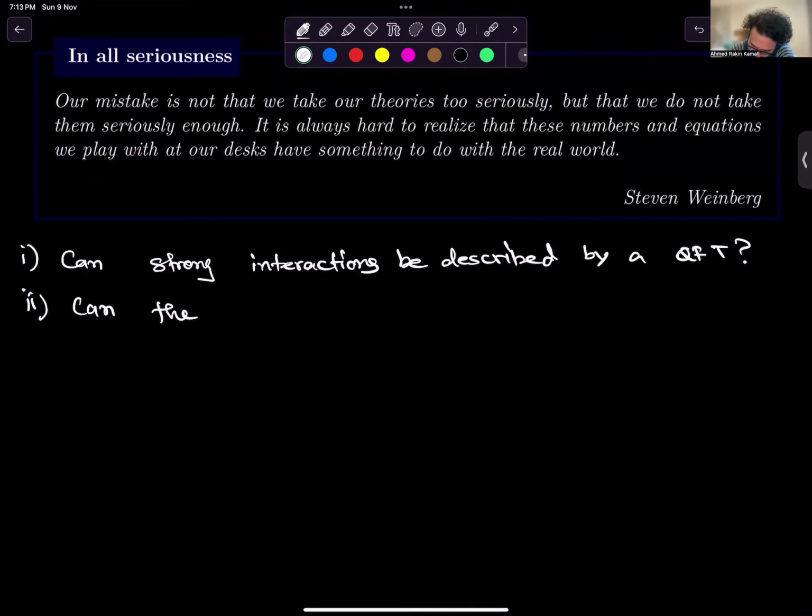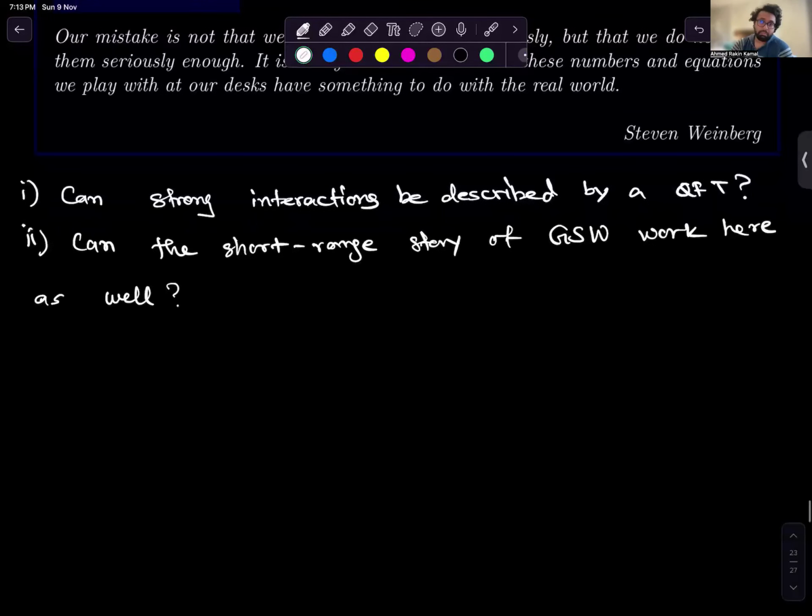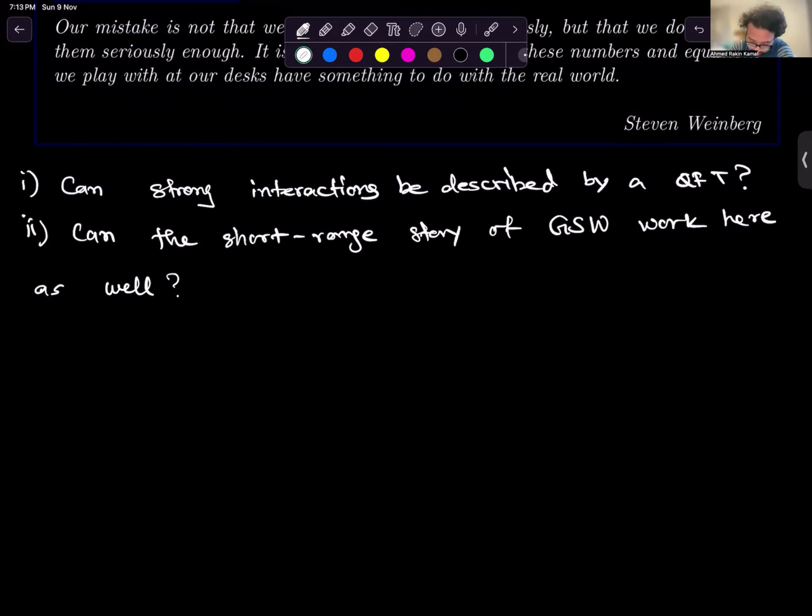Can the short range story of Glashow, Salam, Weinberg work here as well? Because of course we don't see the strong force in action. There has to be a reason for that. Maybe it's spontaneous symmetry breaking. Is that so? The third question is related to the point that I made: are there other phases of gauge theories?